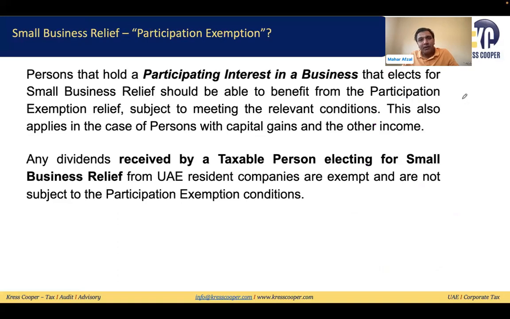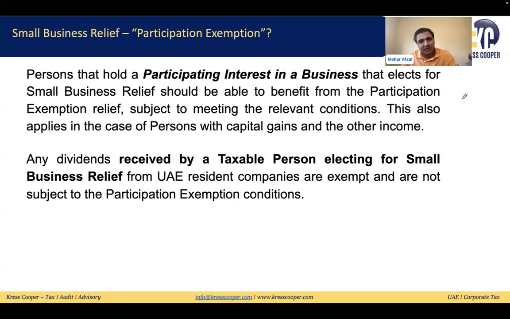Participation interest is an important thing. As we discussed, if the taxable person is getting any income in the form of dividend from any other resident person, this dividend will be exempt. If they are getting any income from the participation interest out of the UAE, there are some certain conditions.